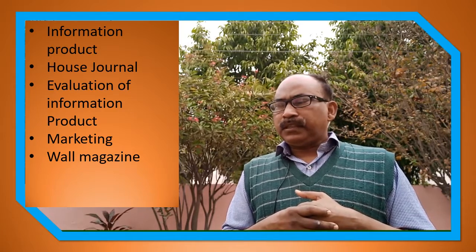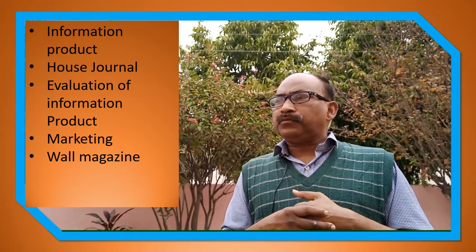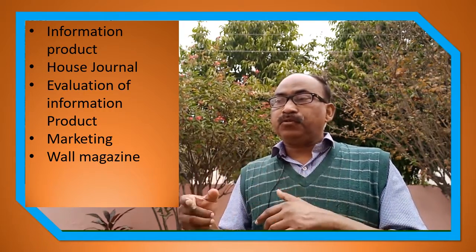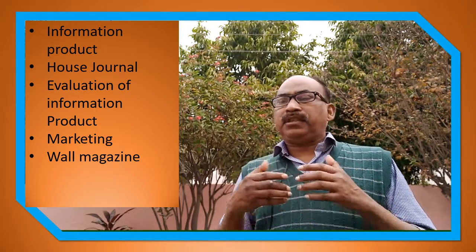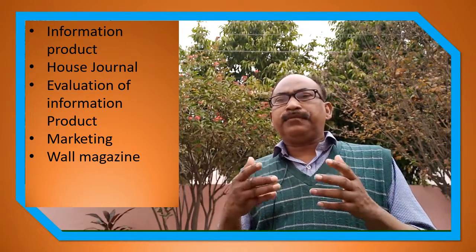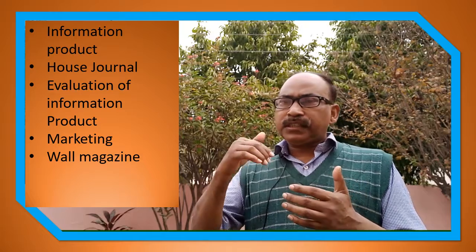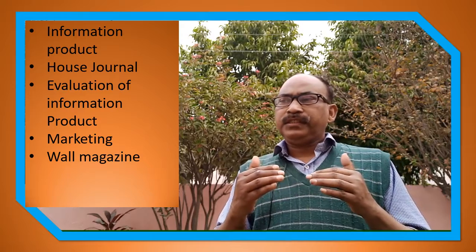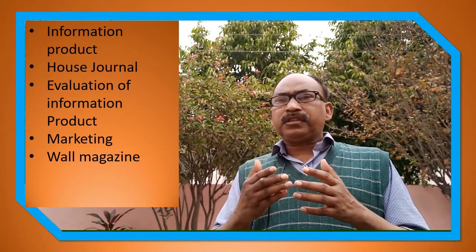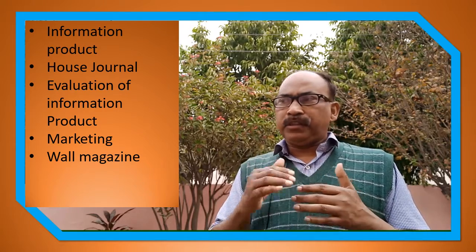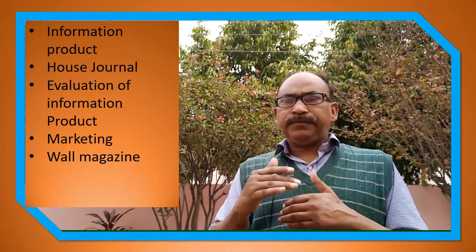But a house journal is published by a particular house. Here house refers to a particular organization or department, like suppose Department of Library and Information Science of MD University Rohtak. Suppose our department publishes a journal, not specifically in print form, in a very formal way, because that involves cost and timing and editorial work.